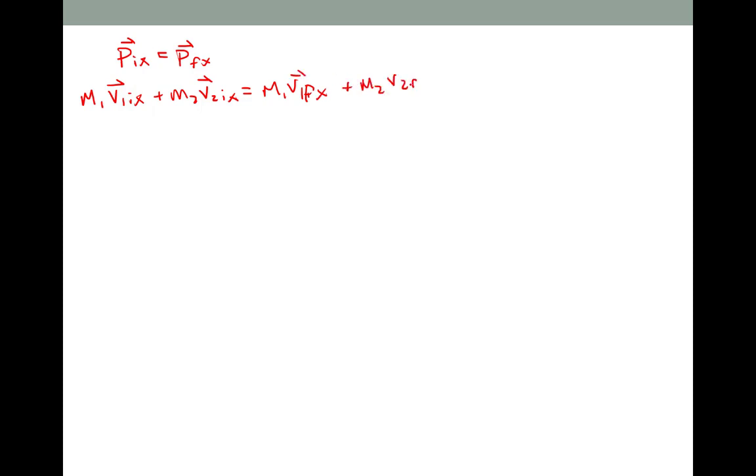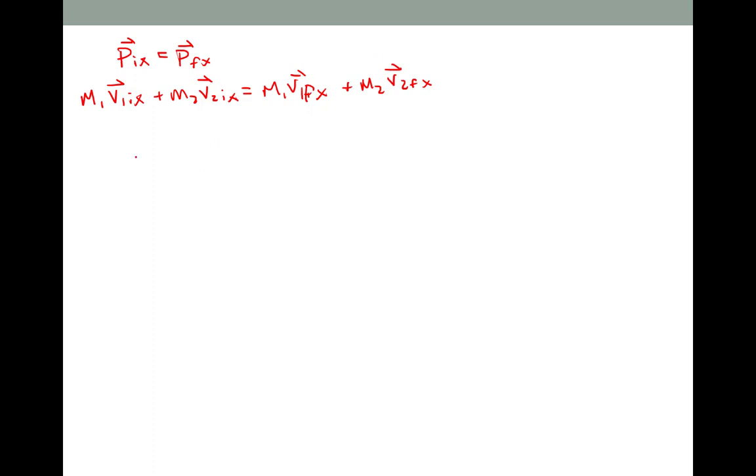Okay, so let's begin by looking at X again. So P initial X has to equal P final X. So m1 v1 initial x plus m2 v2 initial x has to equal m1 v1 final x plus m2 v2 final x.